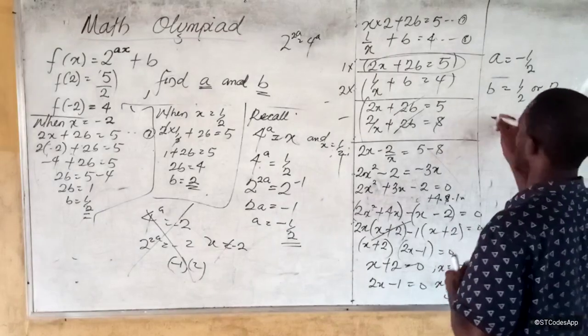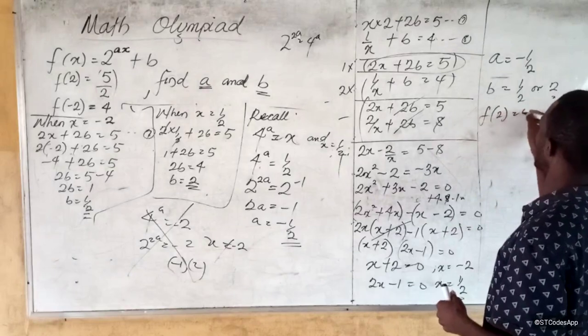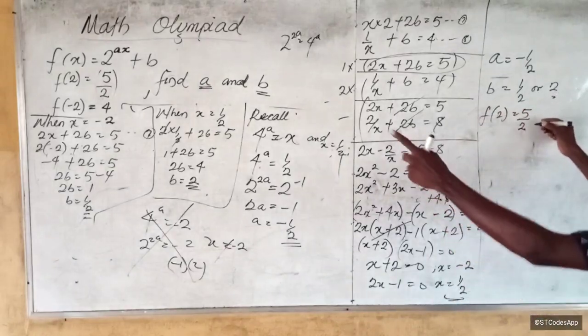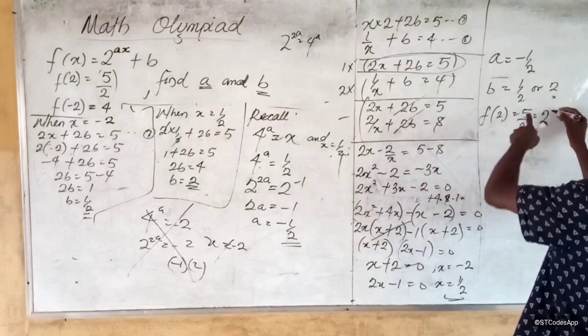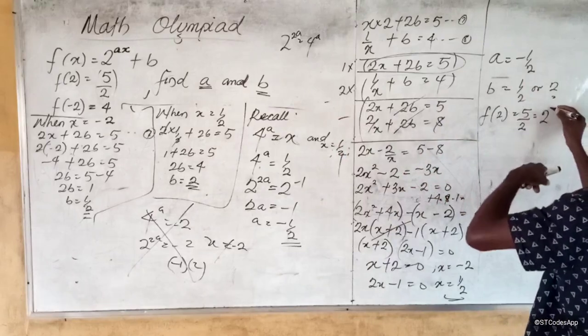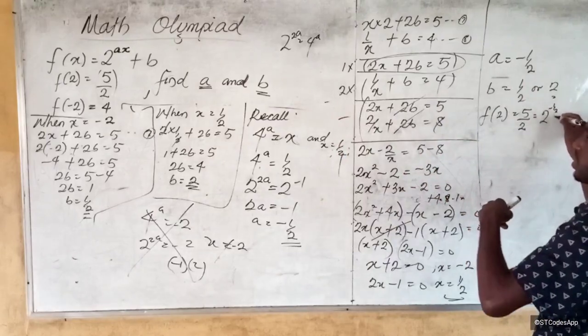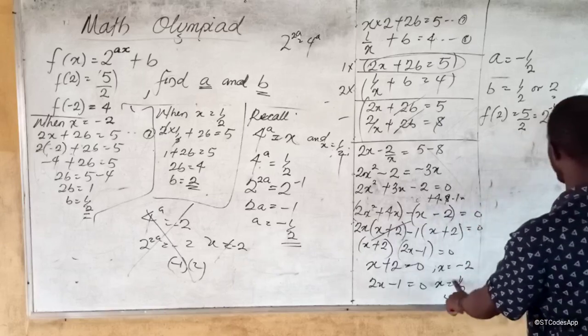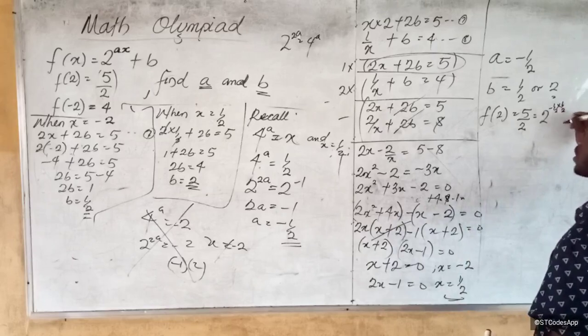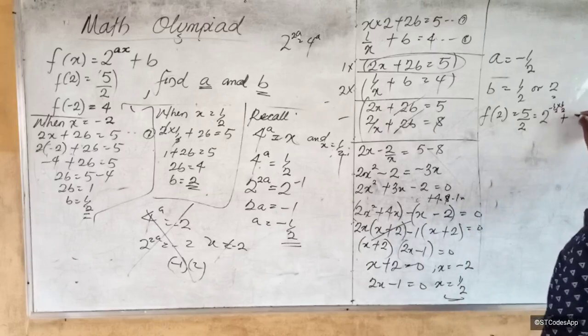For example, for f of 2, it was said to give us 5/2. So 5/2 will be equal to 2 raised to power, our a is -1/2, times x, which is 2, then plus b.